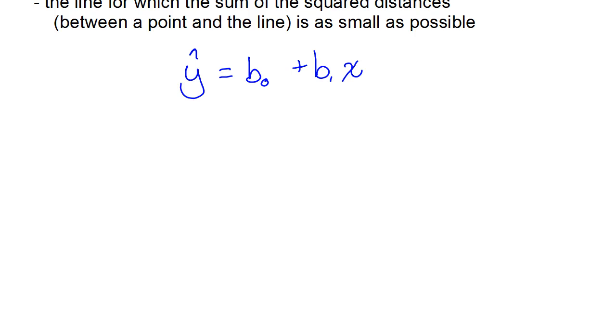Now we have to be able to solve for our slope and our y-intercept because those are not usually just given to us. So we have to be able to calculate those. For our b sub 1, our slope, we calculate it by using r, the correlation coefficient, times the standard deviation of our y's divided by the standard deviation of our x's.